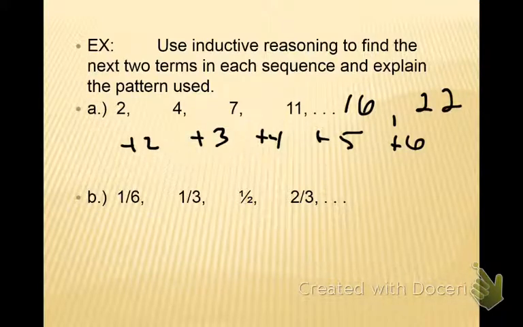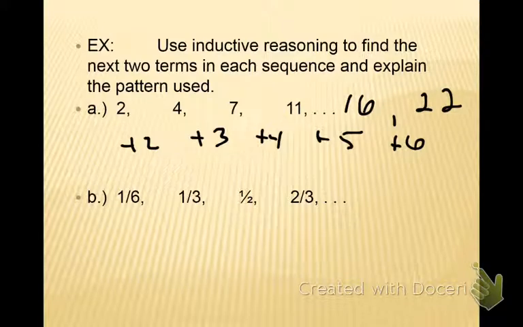How about the pattern for B? Rain thinks she's got it. 1/6. How did you discover it's going up 1/6 every time? Because it looks like 1/6, 1/3, 1/2. It's not even keeping the same denominator, right? Yeah, but it's being simplified. Ah, every time. Okay.